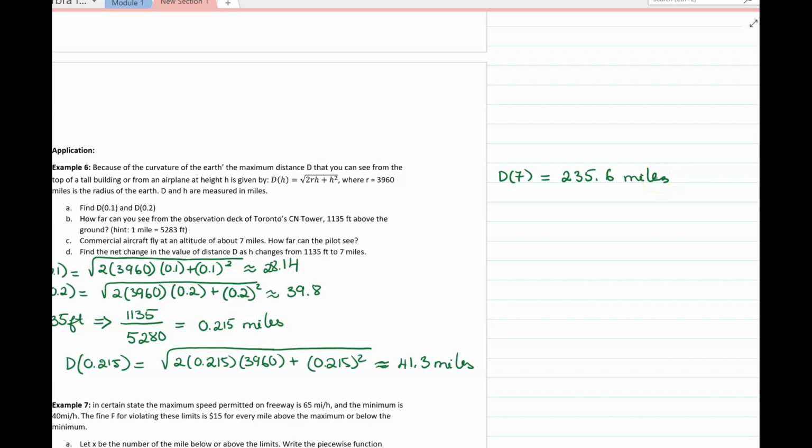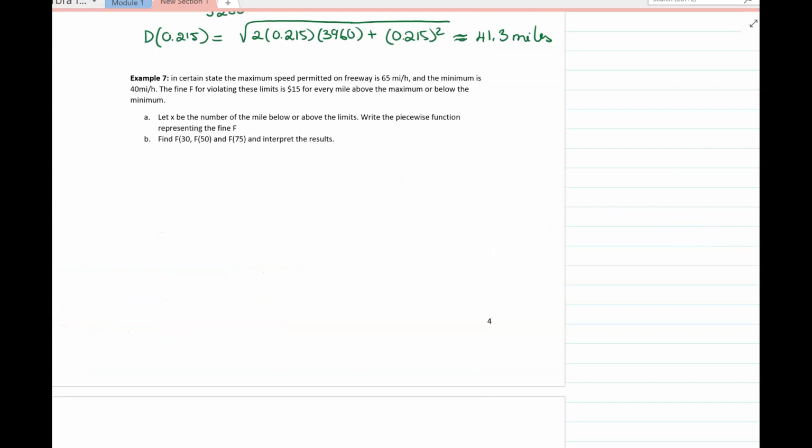You want to find the net change and evaluate the distance d at each change from 1,135 feet to 7 miles, which means you will find the difference d of 7 minus d of 0.215, and that is equal to 235.6 minus 41.3, and that is 194.3 miles.